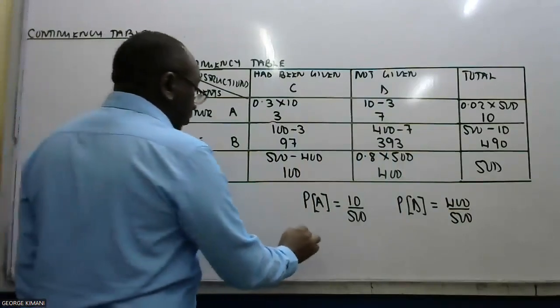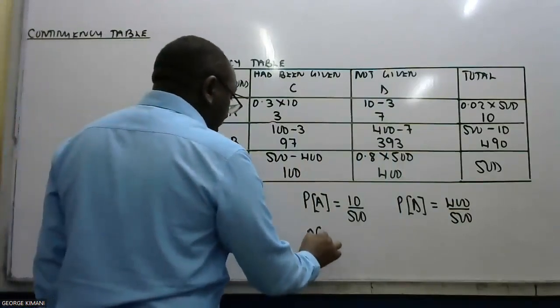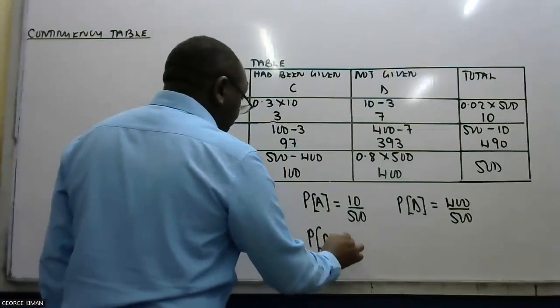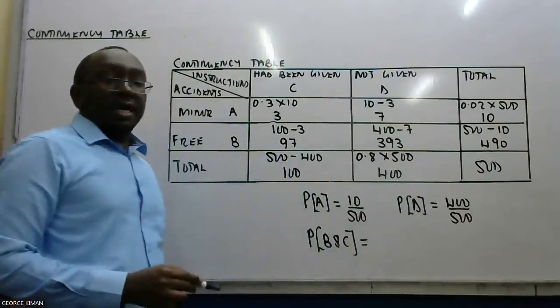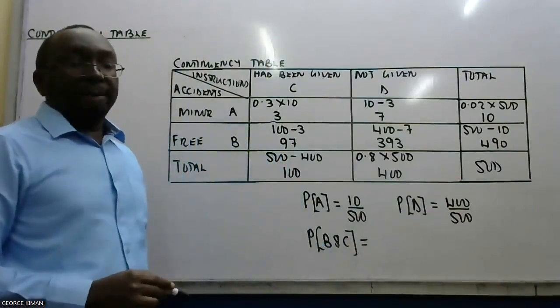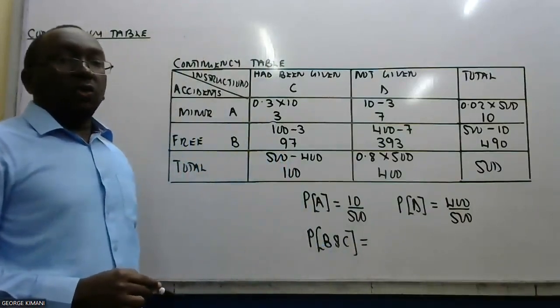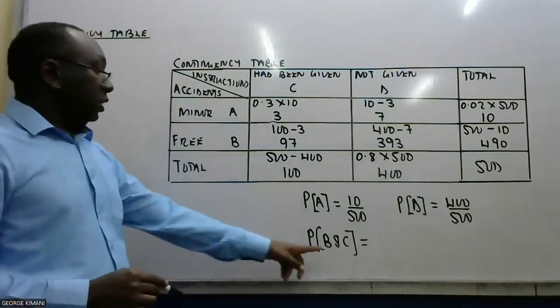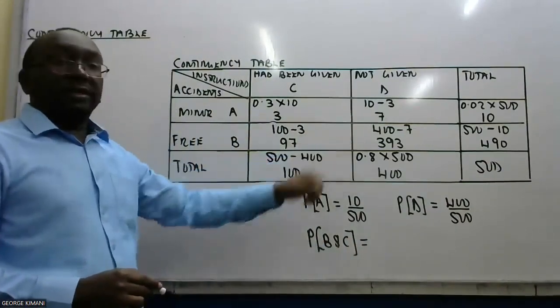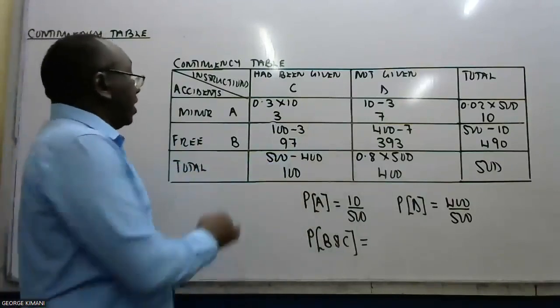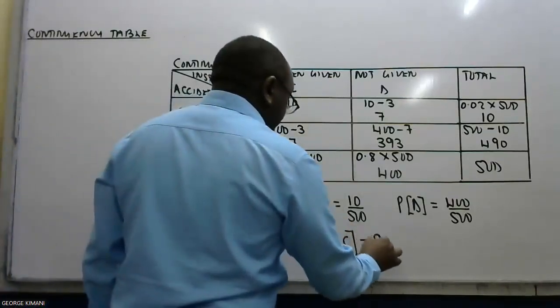If they told you to give the probability of B and C, you go to where they meet. This is what you need to make an intersection. An intersection is the cell, whatever is inside. So B and C, where they meet, we have 97.